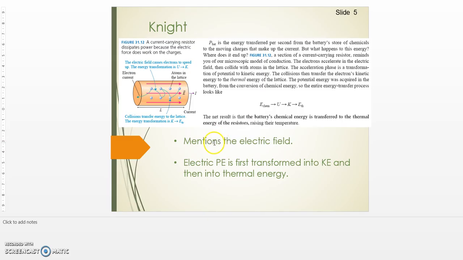Okay, so this is a little bit of a clearer picture. He at least mentions fields, and he tries to offer an explanation for how the kinetic energy is constant as the electrons move around the circuit.